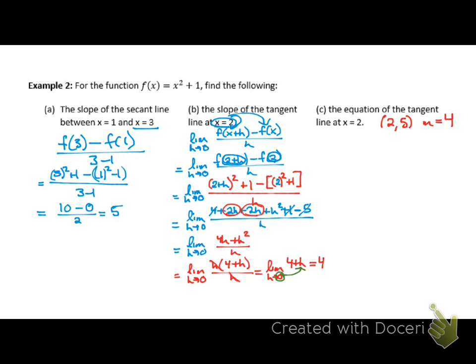So if my equation is y minus y1 equals m times x minus x1, I just take the 2 and the 5, right? That goes there, and the 4 is m. So I end up with y minus 5 equal to 4 times x minus 2. That's the answer. That's the equation of the tangent line.